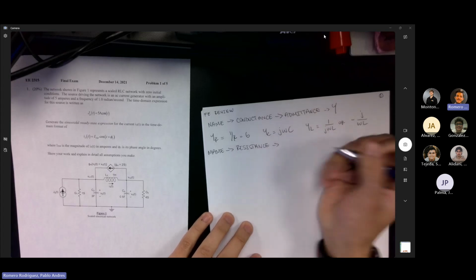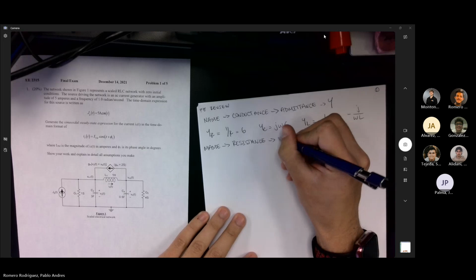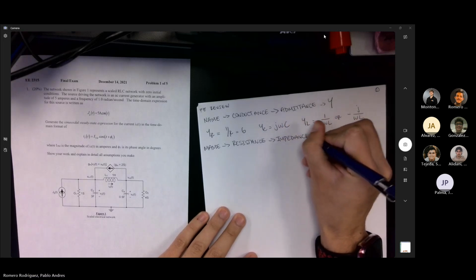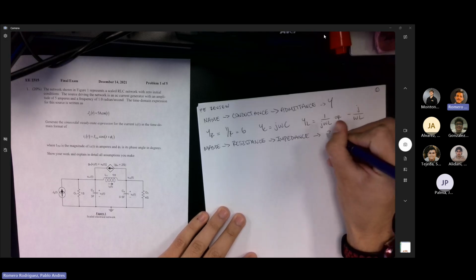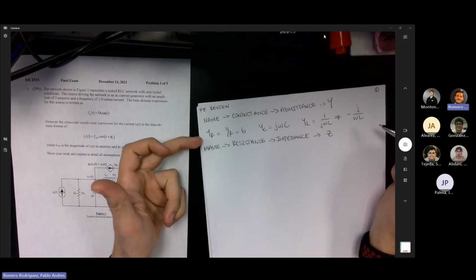Resistance deals with, what do you think, impedance, which is given by Z, and it's basically the inverse of all of this.